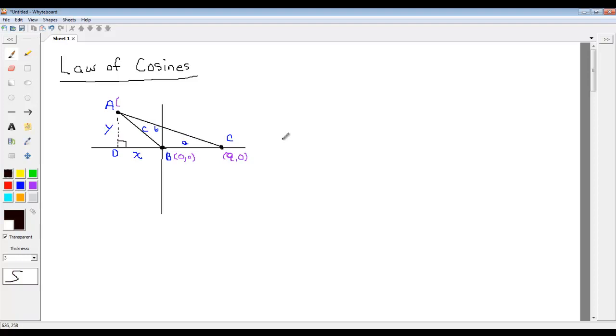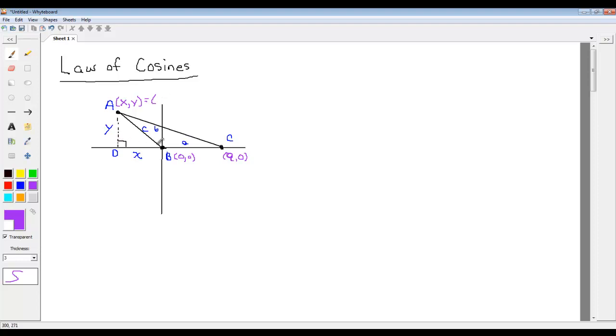Okay, so if we look at this, we can use our knowledge about angles and trig ratios. And we can look at angle B here. And if x and y are the coordinates for vertex A, we can rewrite that a little differently in terms of angles.